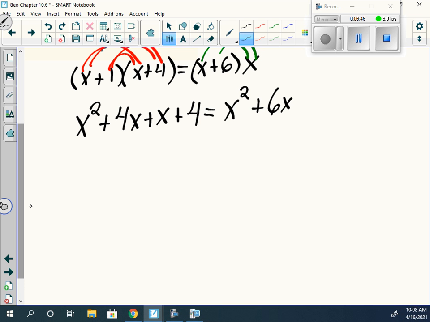Any questions on any of the steps we've done so far? Now we can combine like terms, which would be x squared plus 5x plus 4 is equal to x squared plus.